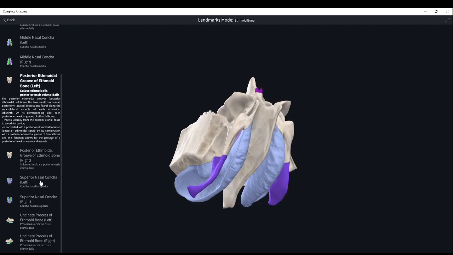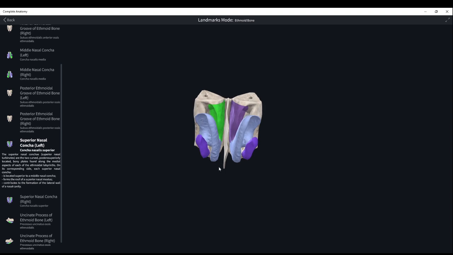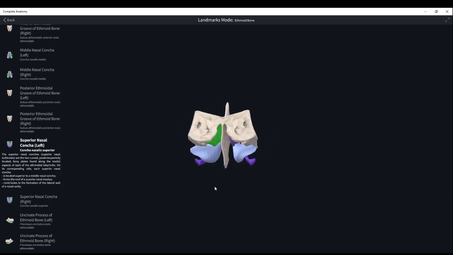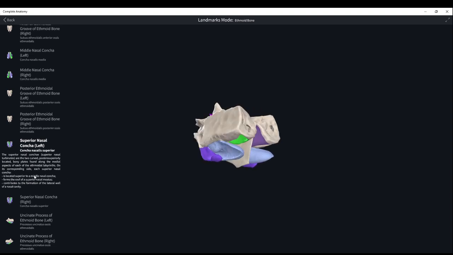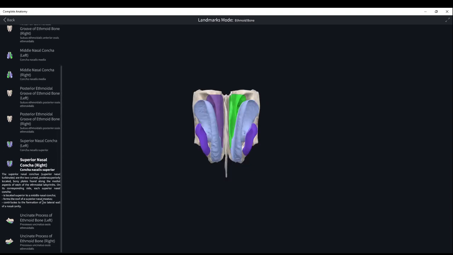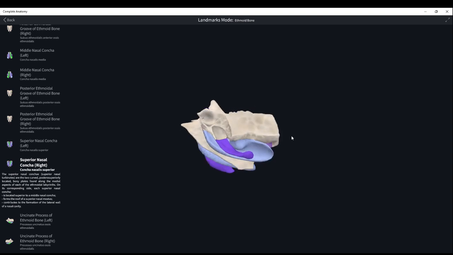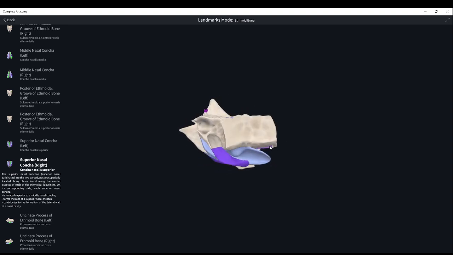Next is the superior nasal concha. The superior nasal concha forms one of the meatuses of the nasal cavity, on both sides.